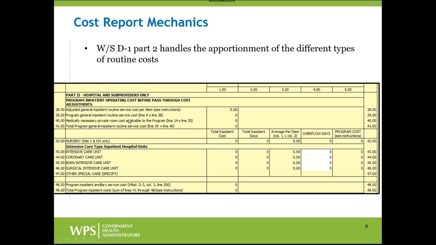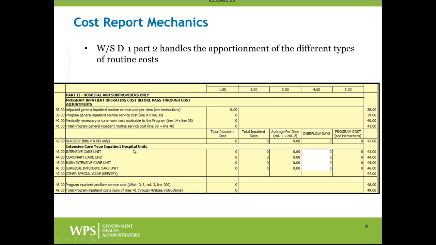Later on in D-1 Part 2, we have the different types of routine cost centers: intensive care, coronary care, burn, surgical intensive care unit. The apportionment for these routine cost centers is much easier. It's just the total inpatient cost for that particular cost center divided by the corresponding total days to get an average per diem, and then it multiplies it by the Medicare number of those specific days to get that amount of cost.